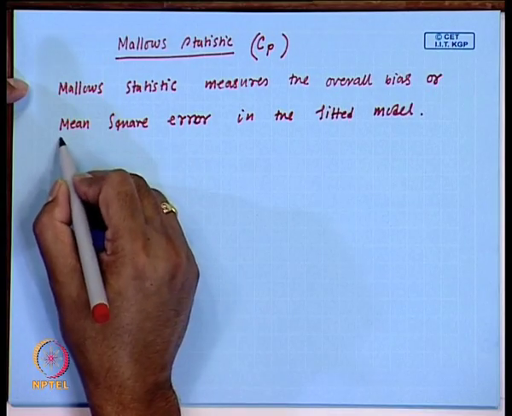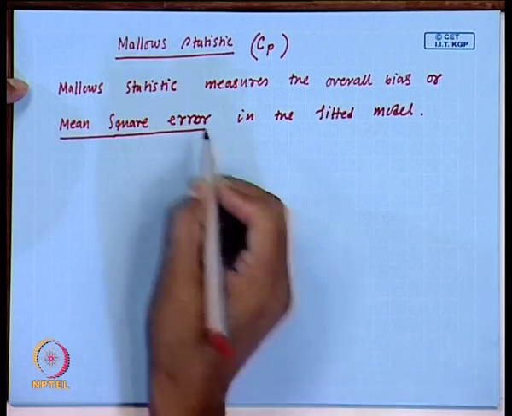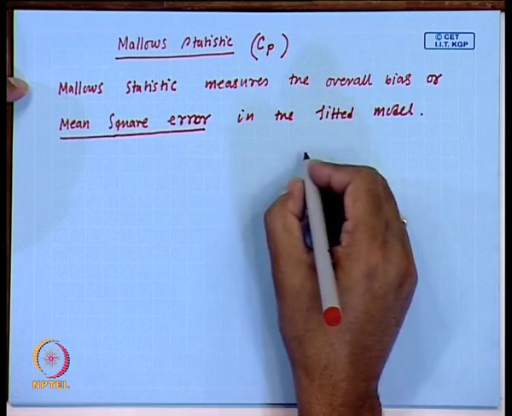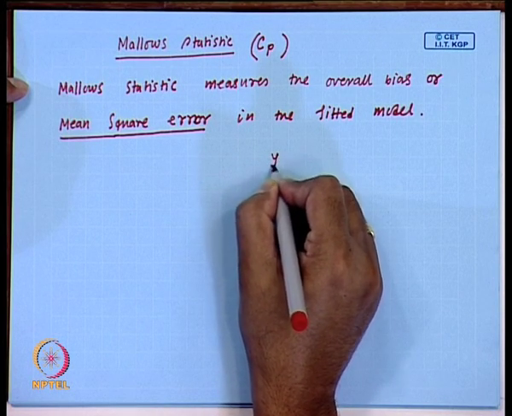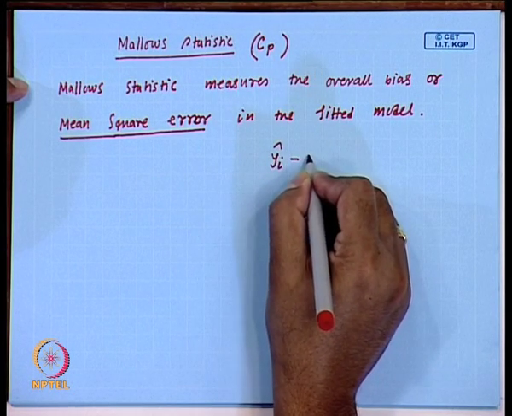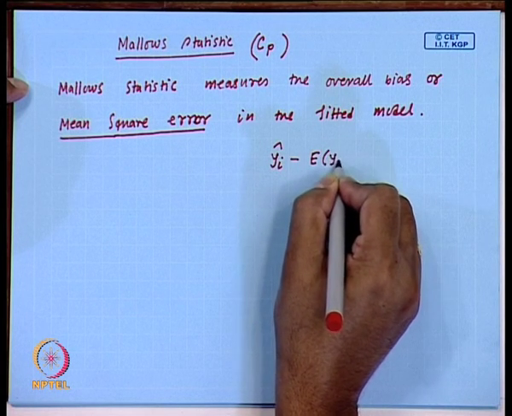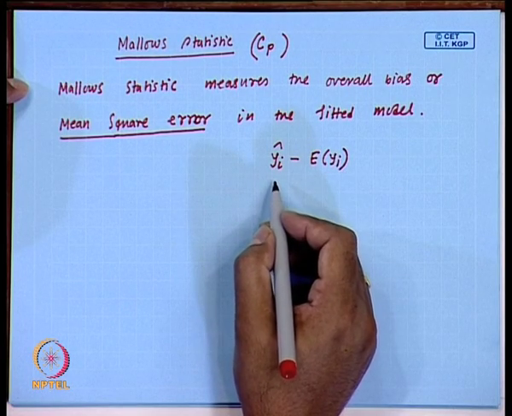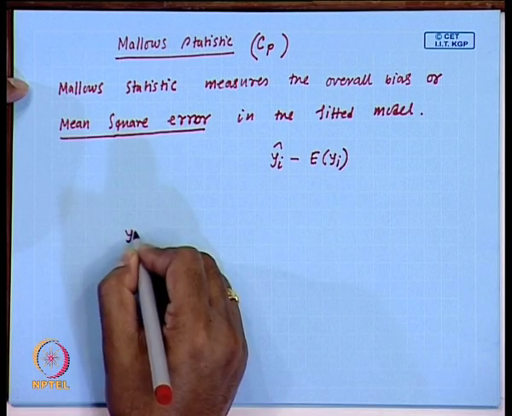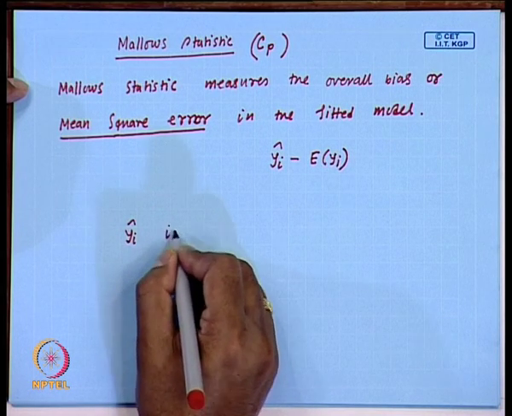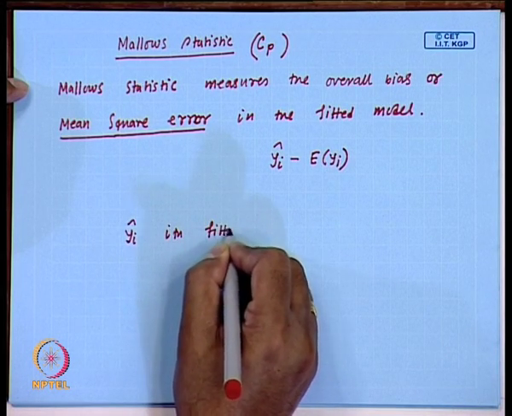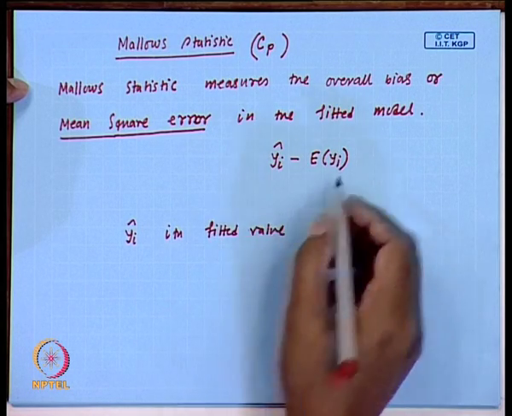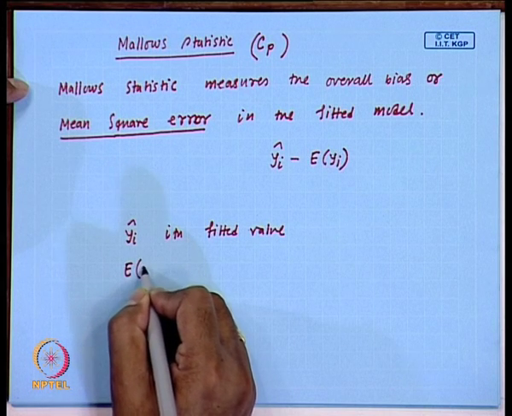So, the mean square error is measured by this one: y i hat minus E y. This y i hat is the ith fitted value, right, and what is E y?